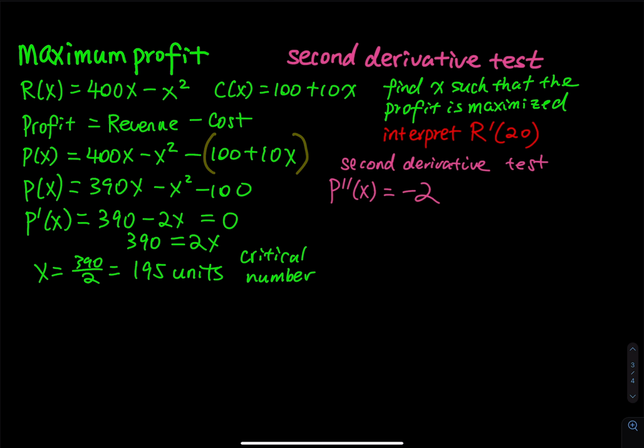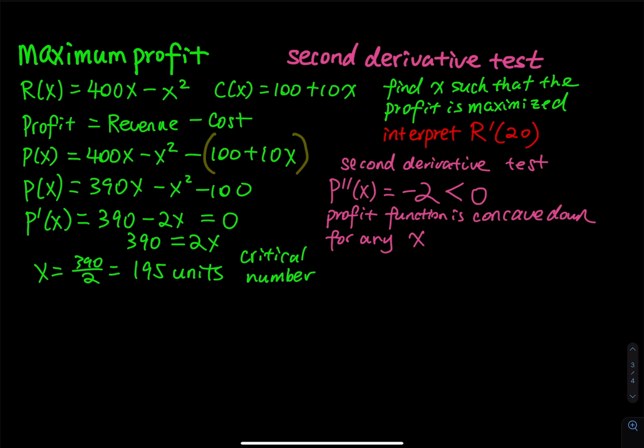The second derivative is only one real number, negative 2, and this is less than 0 for any x. That means the profit function is concave down for any x.